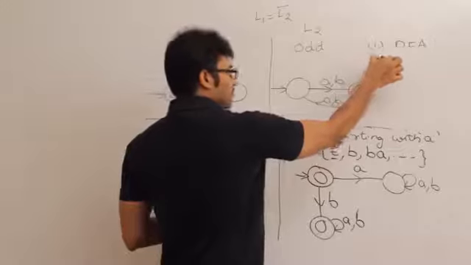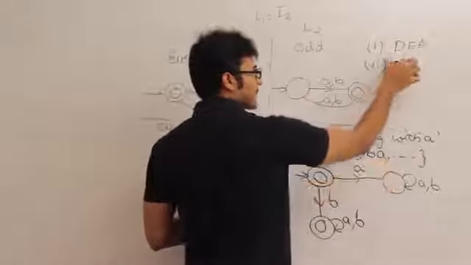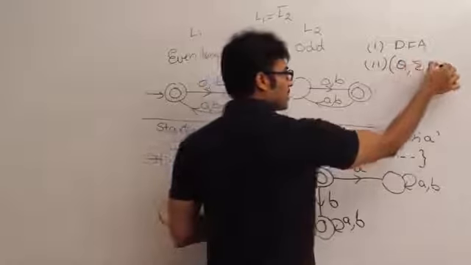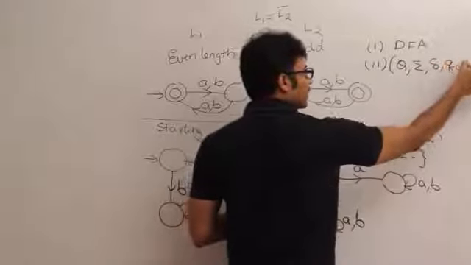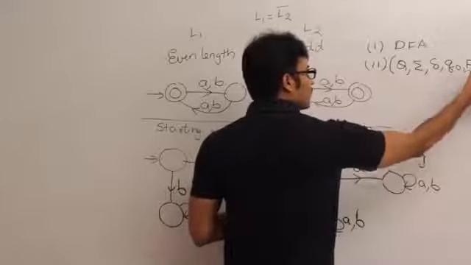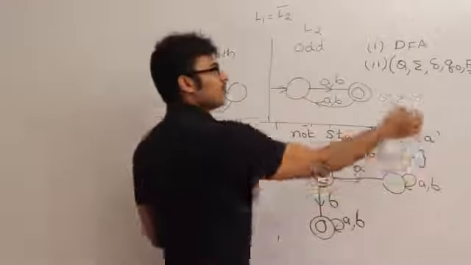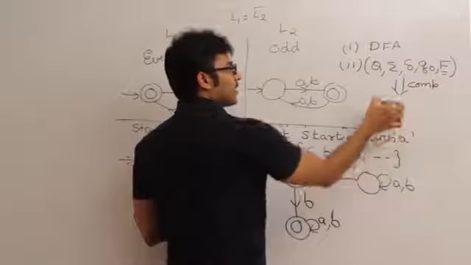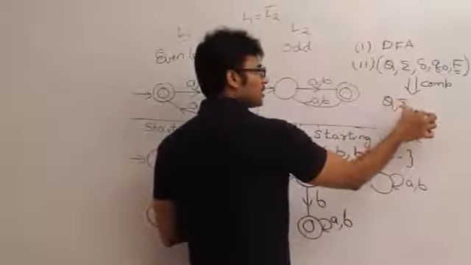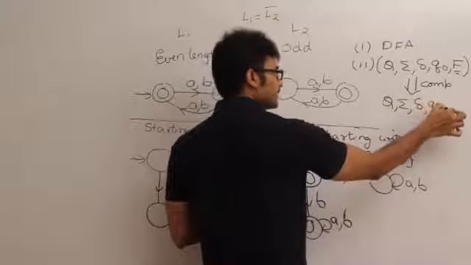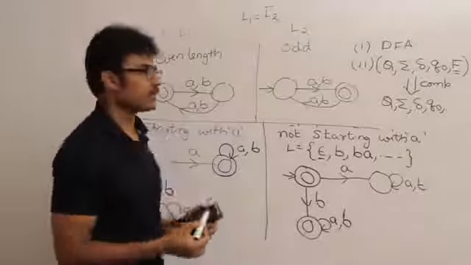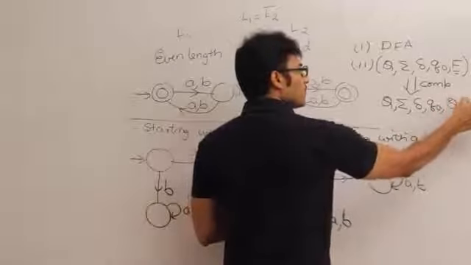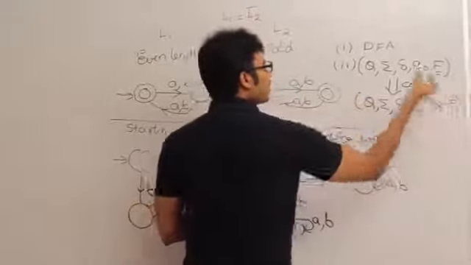Point number 2 is, in order to get a complement, let us say one DFA is (Q, sigma, delta, q0, F), where F is the set of final states. If I have to complement the DFA, leave the states as they are, leave the input as it is, leave the delta as it is and the initial state as it is, but just take the complement of the final states, which means whatever were initially final states should become non-final. So this is the complement DFA, the complement of the DFA.